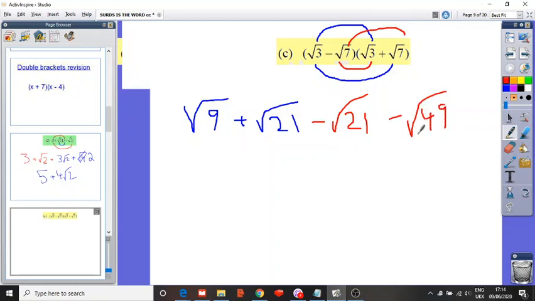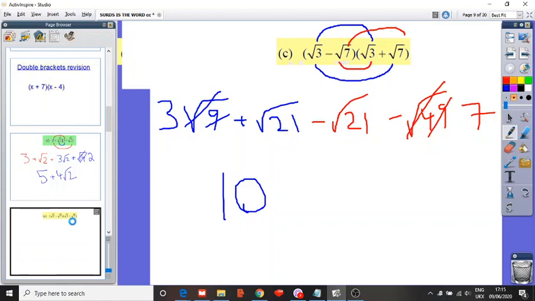Now, as before, you should notice 49 is a square number, so I can now change that to 7. And same with this 9, I can change that to 3. So if I put these together, 3 plus 7, 7, 8, 9, 10, I've got 10. And if I've got a positive root 21 and a negative root 21, these must cancel out. So my answer is 10.